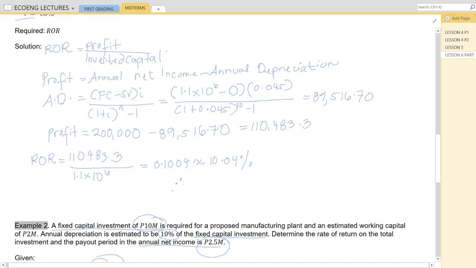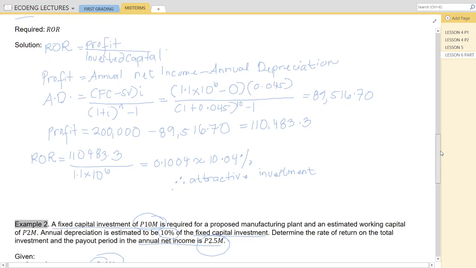Therefore, that is an increase, since that is positive 10.04. Therefore, the investment is attractive. It means that this has an increase in its investment.